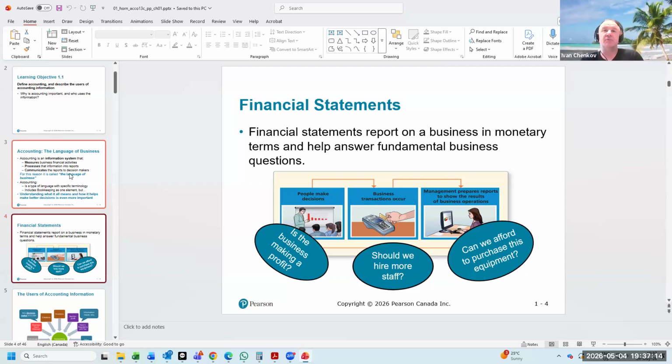One of the questions could be, is the business actually profitable? How are you going to find out if the business is profitable? By looking at a specific report, which gives me the revenue that this business generates, the expenses which are related to that revenue, and the profit.